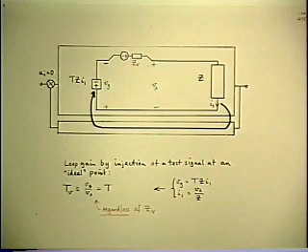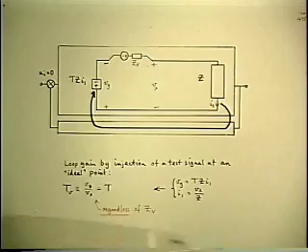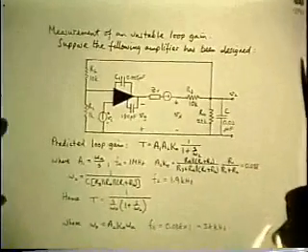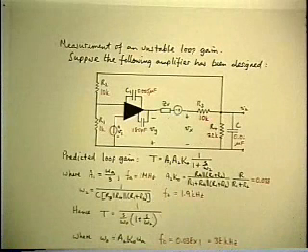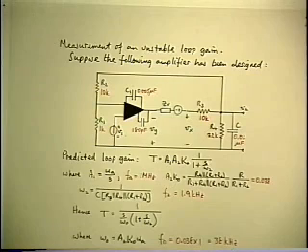Now, you still might be a little mystified as to why this works. And maybe the best way to explain that is, when you put the impedance in there, of course you really do change the loop gain. Let me go back to the previous picture with the impedance by itself.